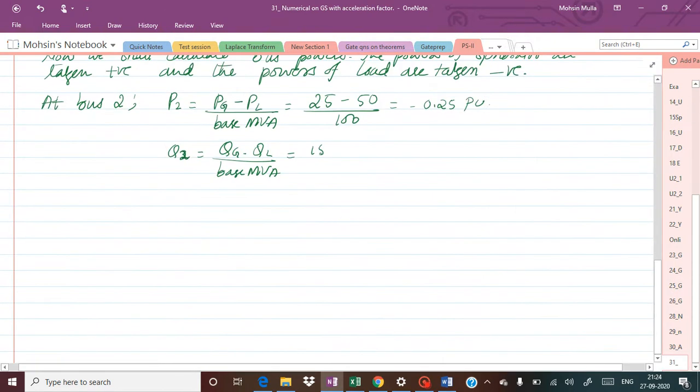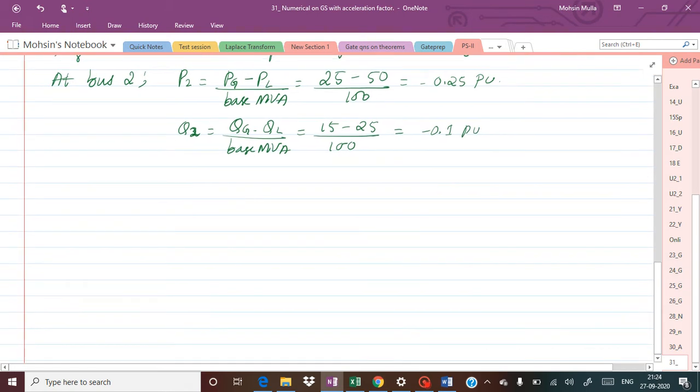So 15 minus 25 divided by 100 gives us minus 0.1 per unit.